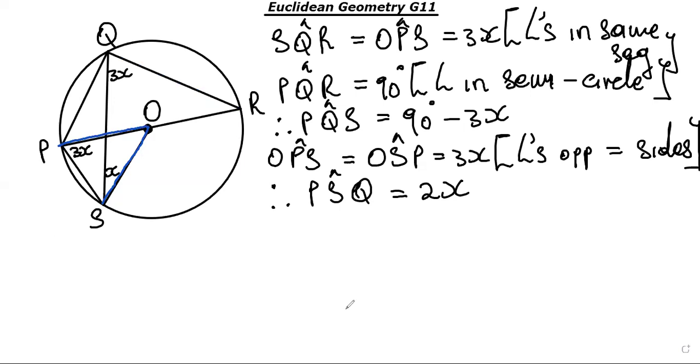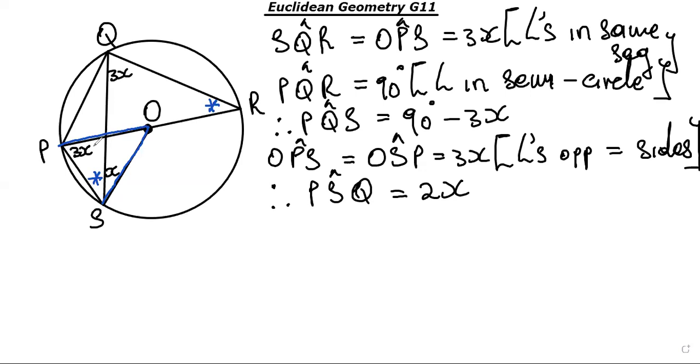Well, here we realize that this angle is actually equal to this angle. Why? Well, that's because they are subtended by the chord PQ. So this is what we see, and this is also what we see. You can say it's the chord PQ, or you can say it's the arc PQ. It's up to you what you say.